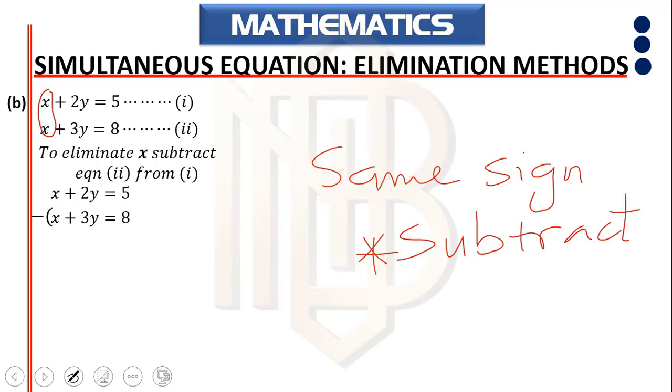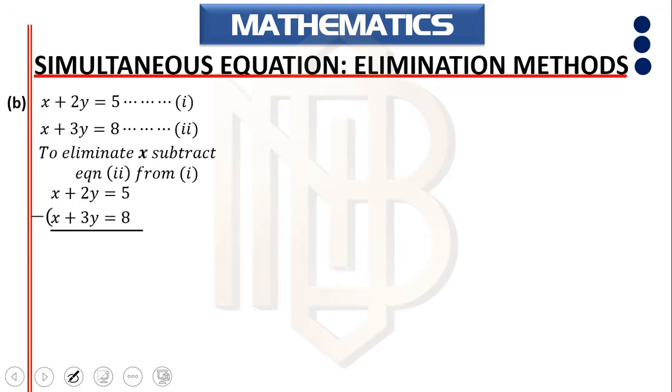If we do the subtraction, the minus will cut across everything. So x becomes minus x, minus times plus becomes minus 2, and minus times plus becomes minus 3. That gives us 5 minus 8, which is minus 3, and 2y minus 3y gives us minus y.